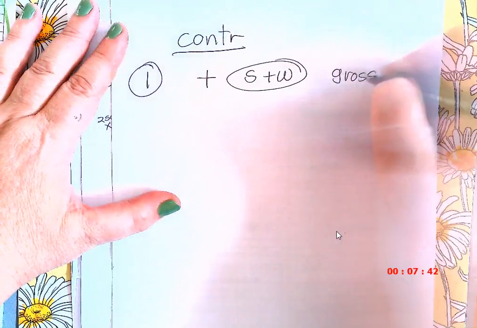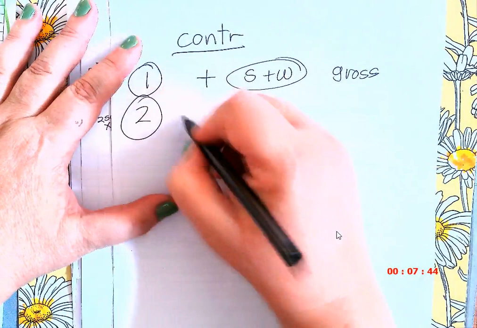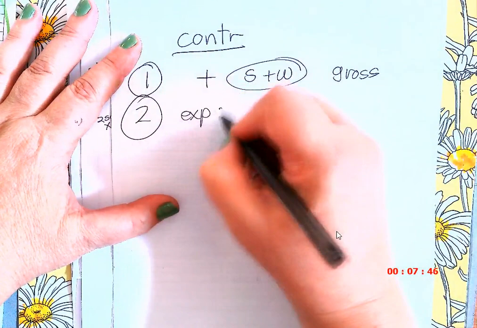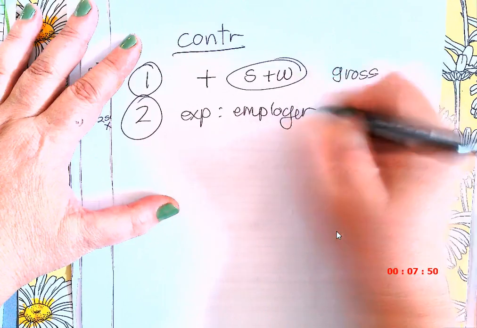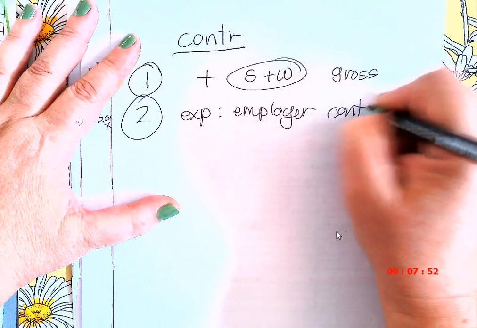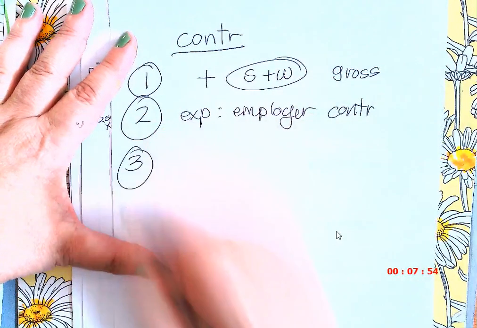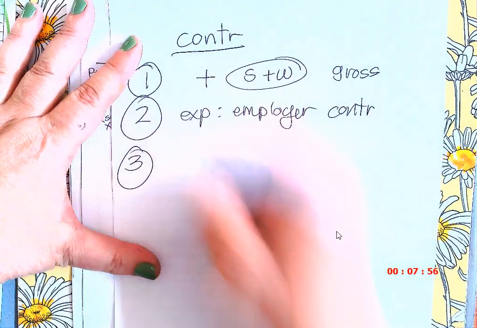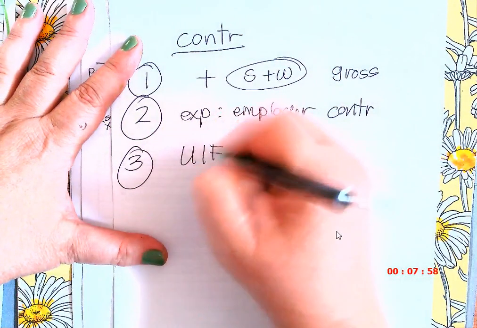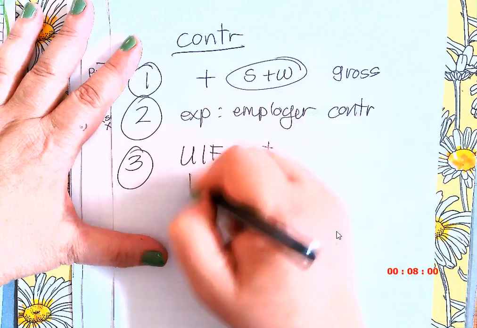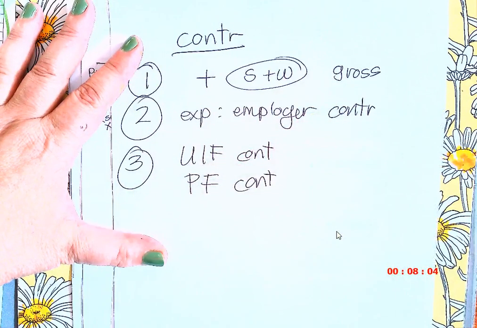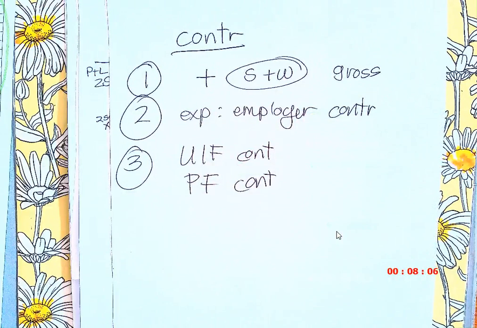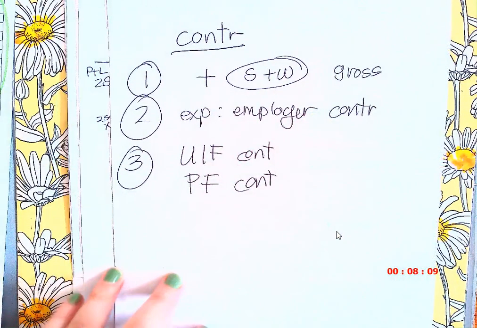The second option is I open an expense and I call the expense employer contribution. Okay? The third option is I show it separately, like I will show UIF contribution, pension fund contribution. Okay? So that's your three options. Now, how will I know which one to follow?